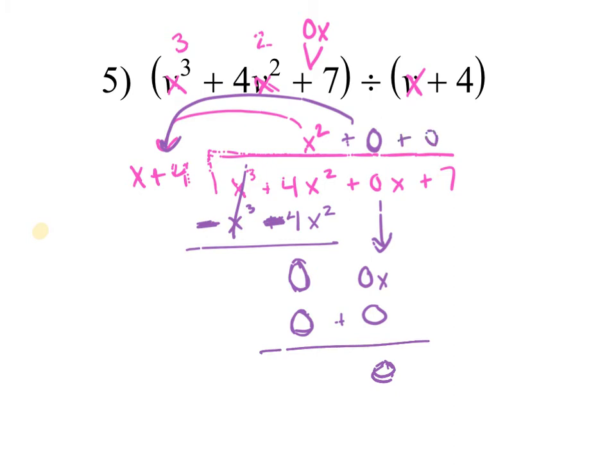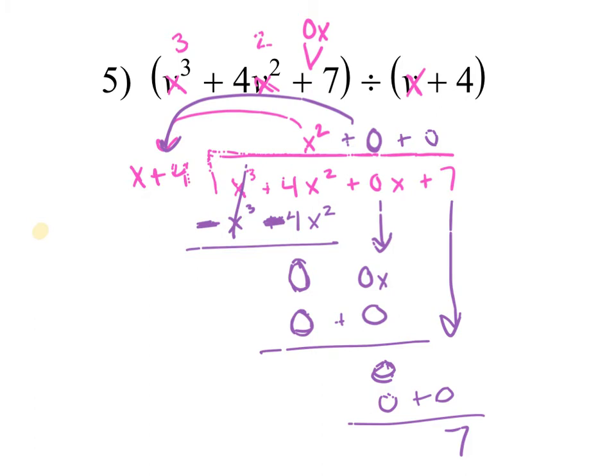So it may seem silly to write all these zeros, but it just helps you keep that same pattern, because eventually you'll start back up with numbers again. So you want to just know what comes next. Keep those zeros in as a placeholder. Can we multiply anything by x to give us 7? Nope. So what do we do with that 7?